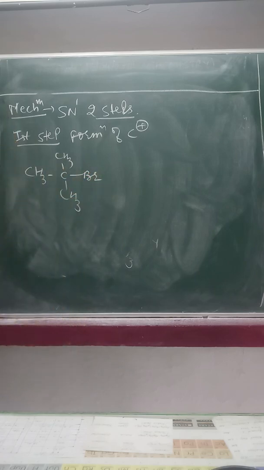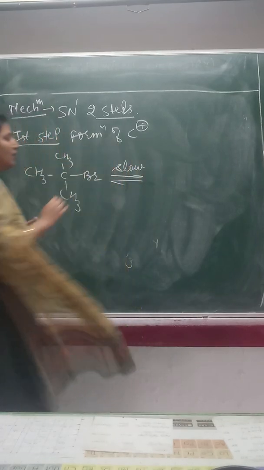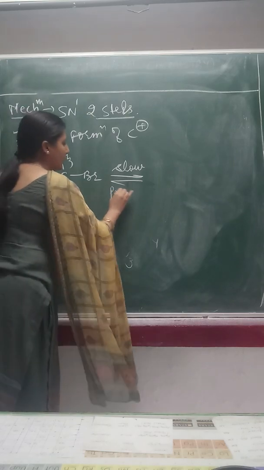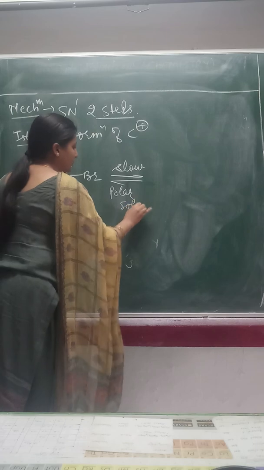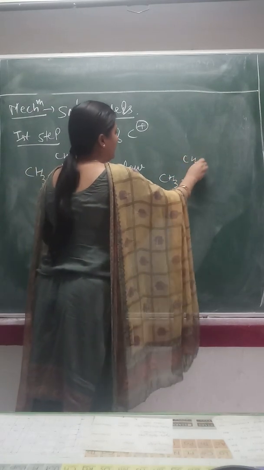Carbocation means there will be a breakage of this carbon and Br bond. This step is reversible and it will be my slow step. Why slow step? Because here bond is breaking and it will occur in the presence of a polar solvent. So there will be a formation of a carbocation.